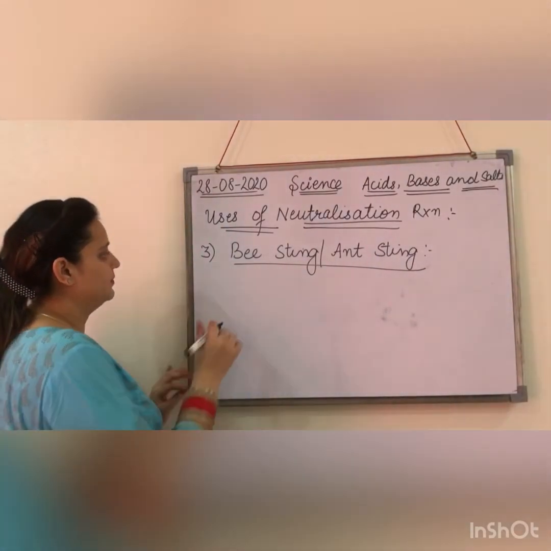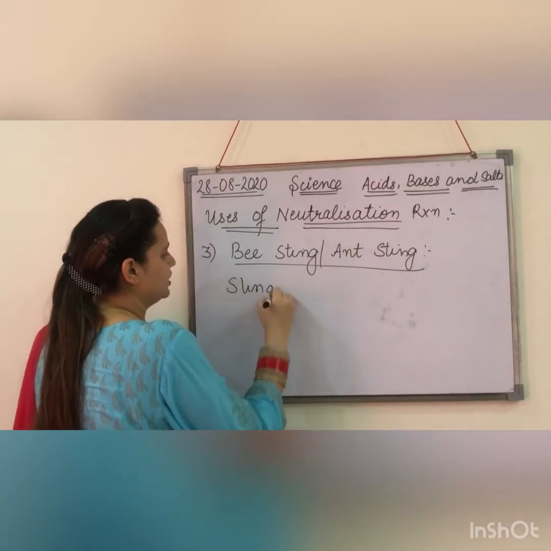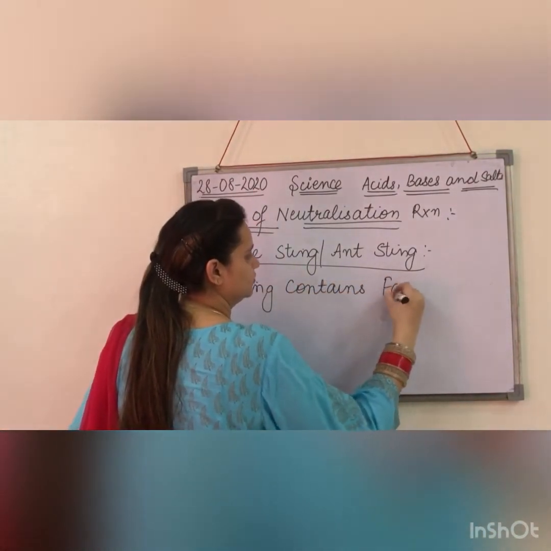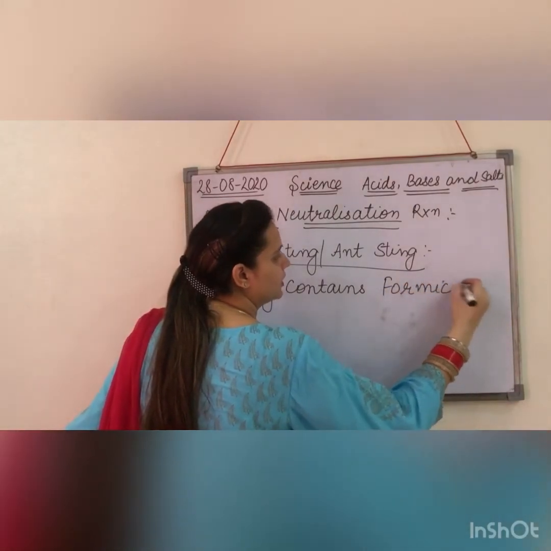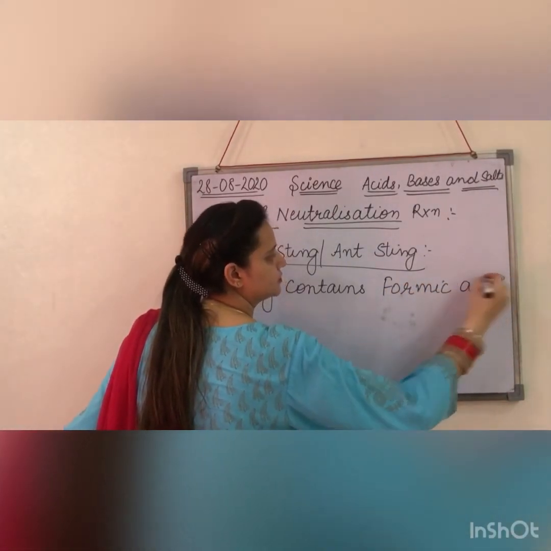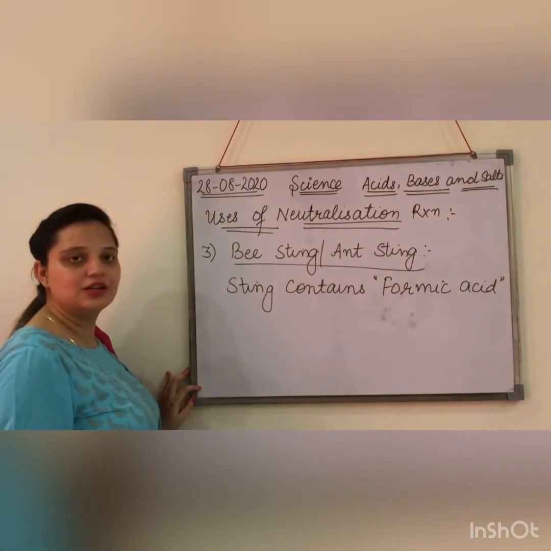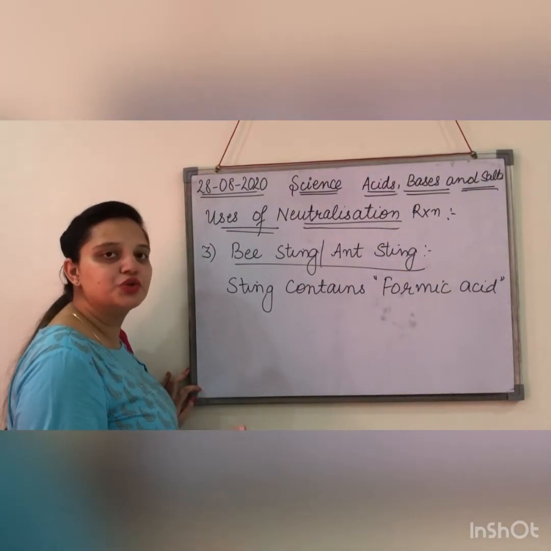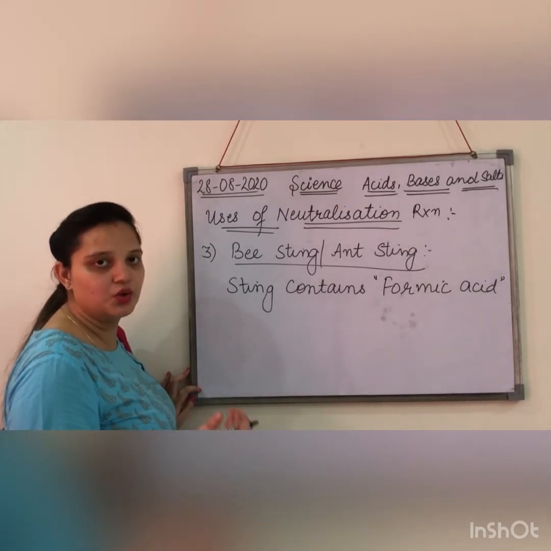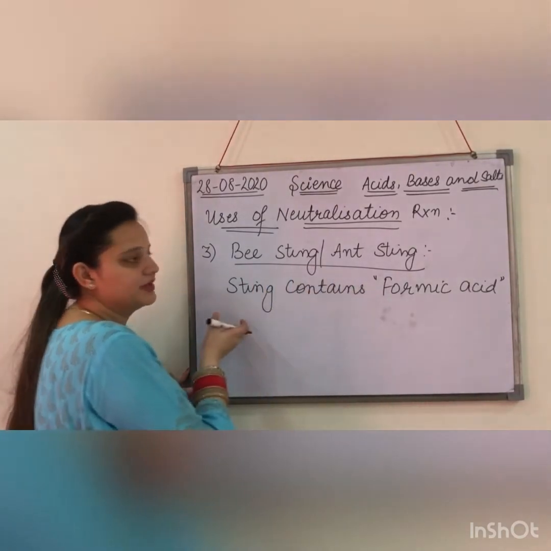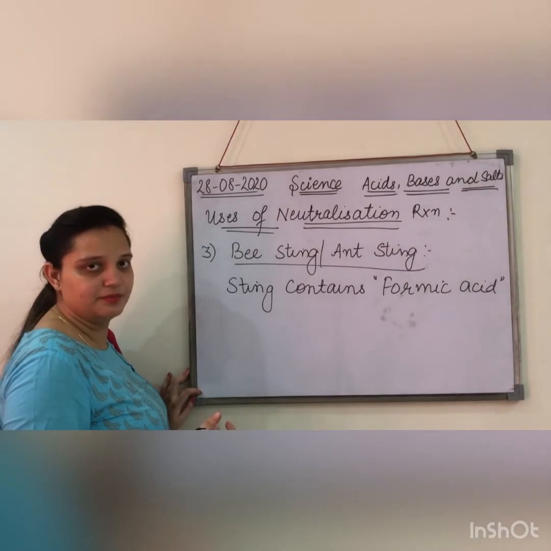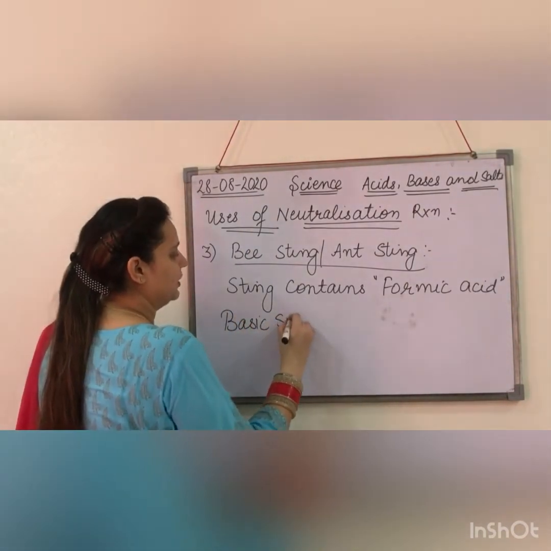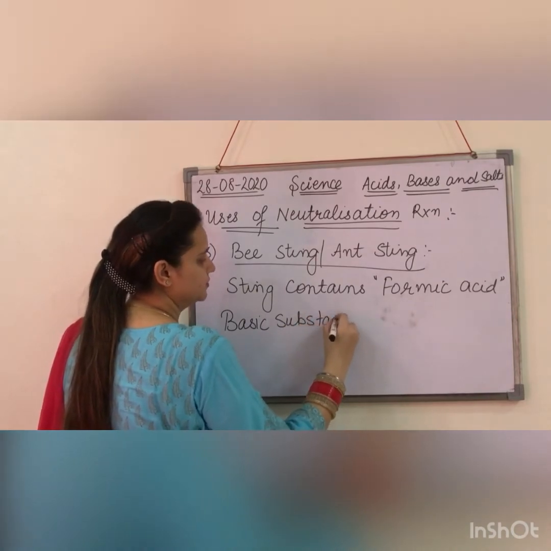Their sting contains formic acid. That means we have to neutralize it with a base now, so that the acid of this sting gets neutralized. So what basic substances can we prefer to apply on our skin?